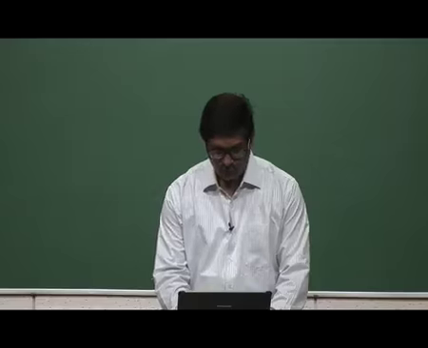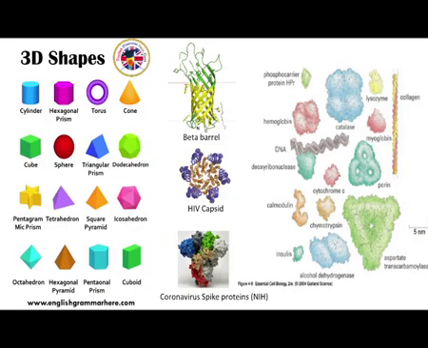So, this is a structure of a spike protein. As you can see, it looks more like a triangular structure or a tetrahedron structure, which is shown here. So, all these structures are fantastically represented in nature.